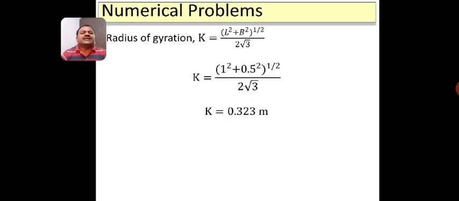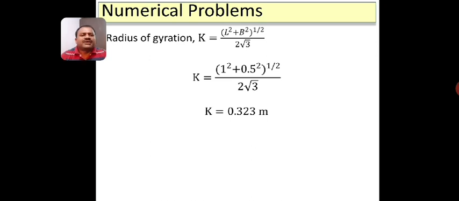And then the radius of gyration is given by k is equal to, you need to compare the equation of moment of inertia with the standard formula, that is mk square. If you compare it, you will get the radius of gyration k is equal to L square plus B square whole power half divided by square root of 12, which can be written as 2 root 3.